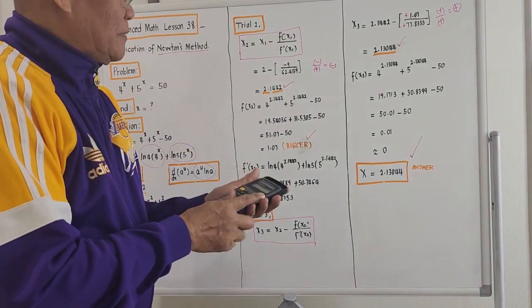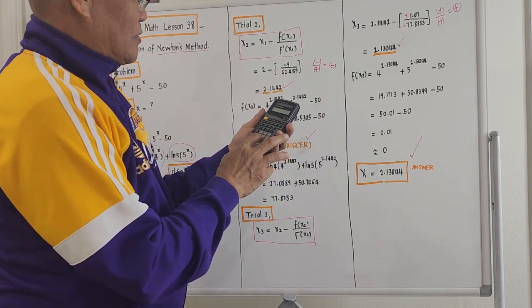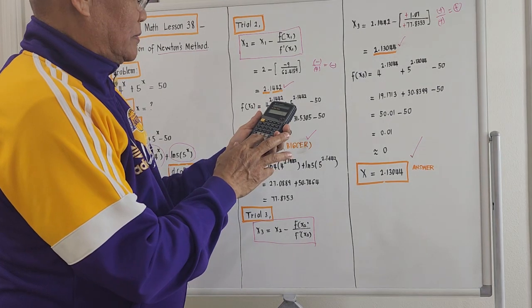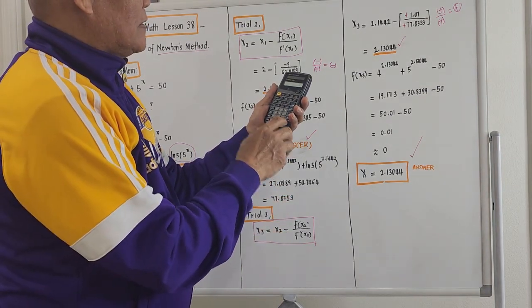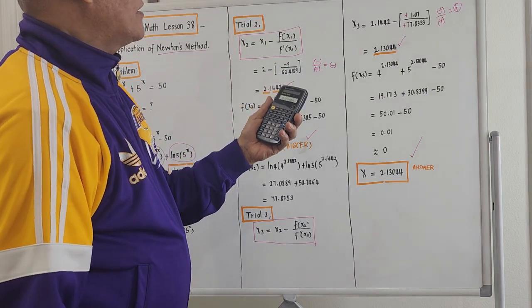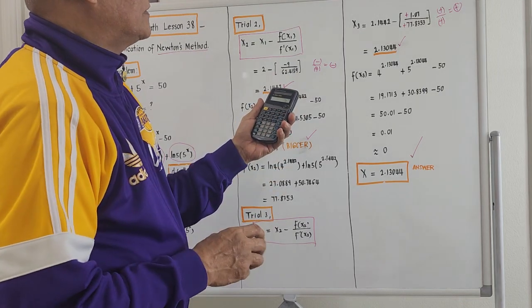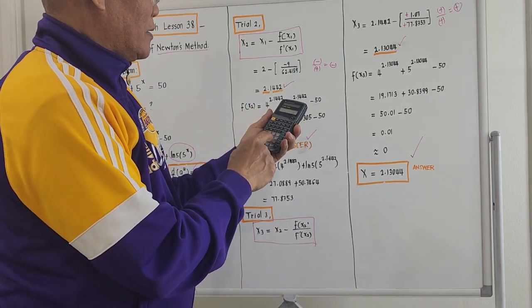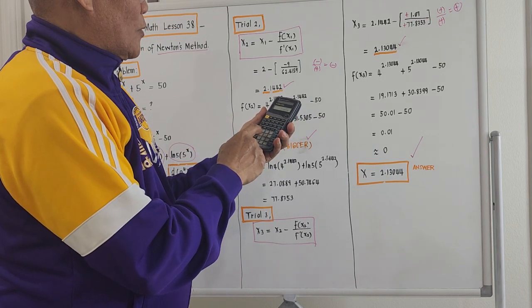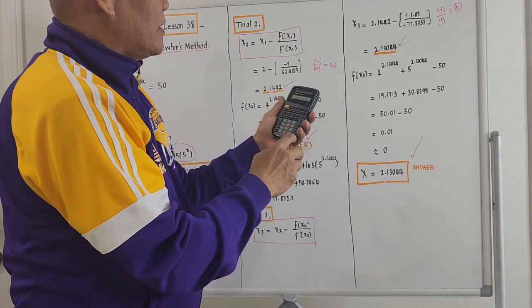We could check it. 4 y to the x, 2.1344. Okay, that's the value, 19.1713 plus open quantity 5 y to the x, 2.1344 close quantity, that is 30.8399.